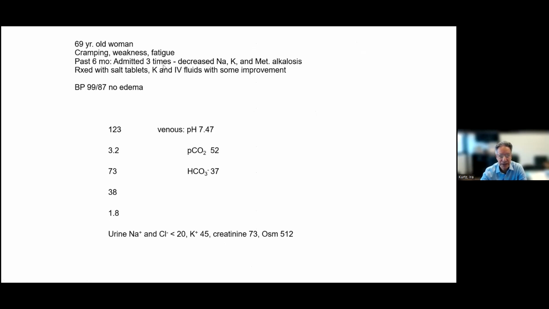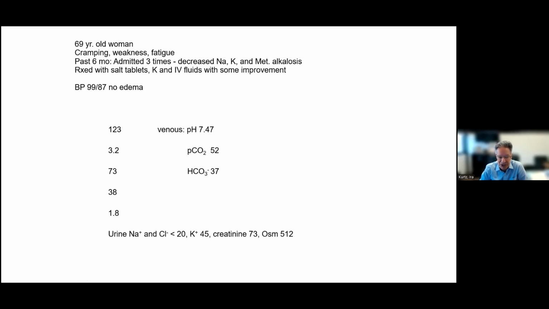Okay, so here's a patient, and you can read the clinical history here: cramping, weakness, fatigue, admitted 3 times because of dysnatremia, hypokalemia, and metabolic alkalosis, and was treated with salt tabs, potassium, IV fluids with a little bit of improvement, but not a lot. And the patient was hypotensive, no edema, and these numbers were drawn.